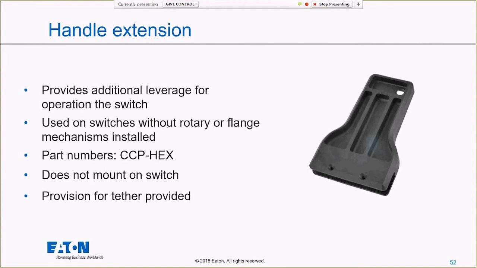Typically when I pass a sample around to a classroom full of people, all of the big strong men in the class can operate it with a little bit of difficulty. I have a hard time operating it myself, but with this handle extension, it's super easy. So if you happen to be using it without a through-the-door mechanism, you might want this handle extension. It'll make it a whole lot easier to operate the switch.